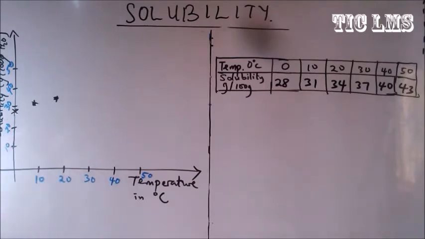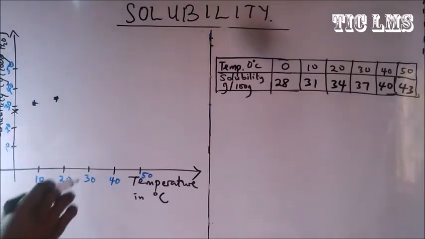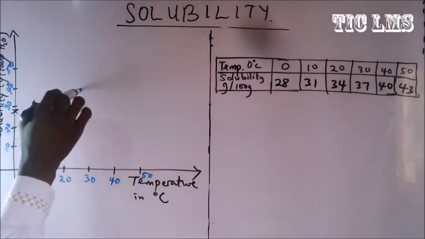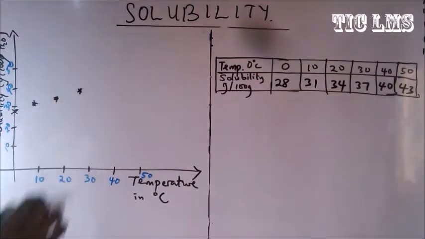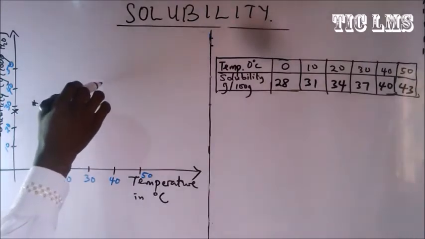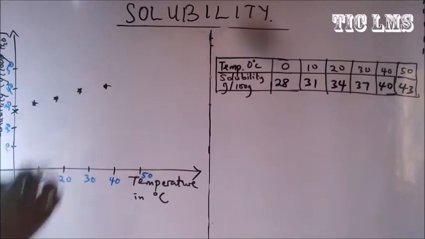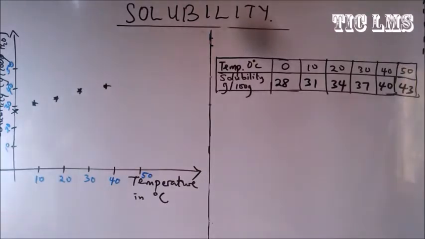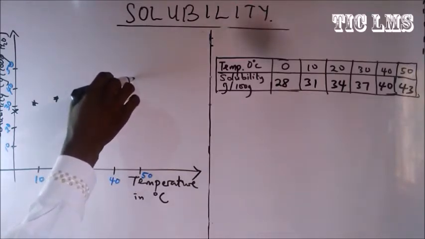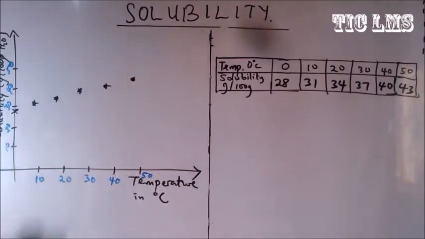At 30 degrees Celsius, we have 37, very close. Then at 40 degrees Celsius, we have 40, somewhere around here. And at 50 degrees Celsius, we have 43. Then we will join these.